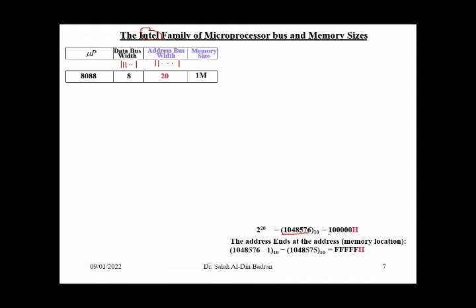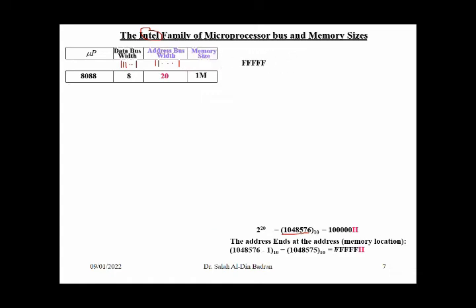After subtracting 1 from 2 to the power 20, we got this one. If you remember, I told you that we will see why we did this subtraction in the previous slides. Here we will explain why.